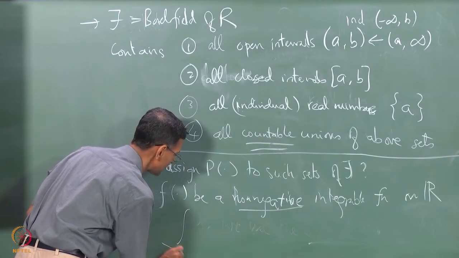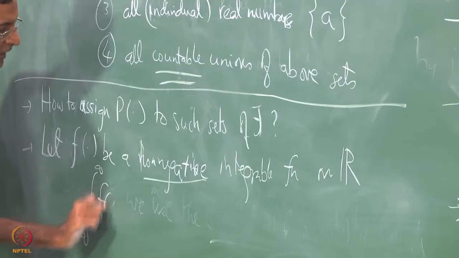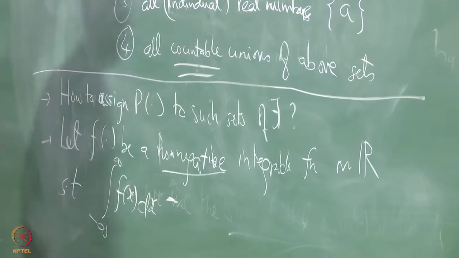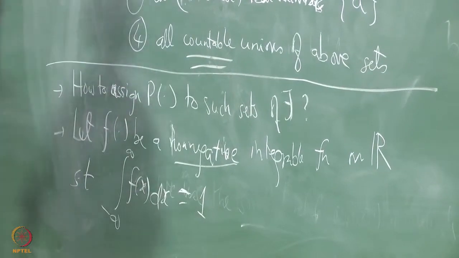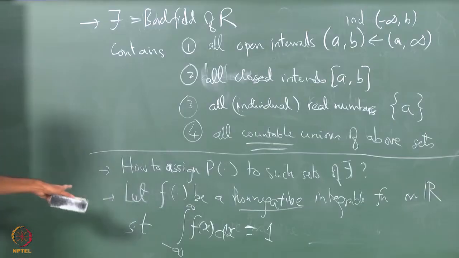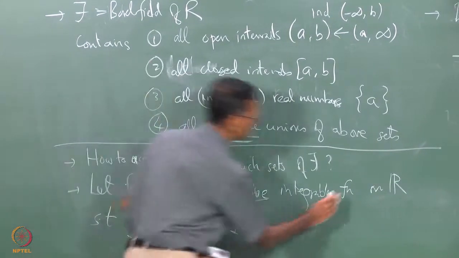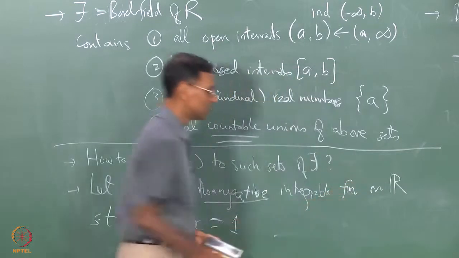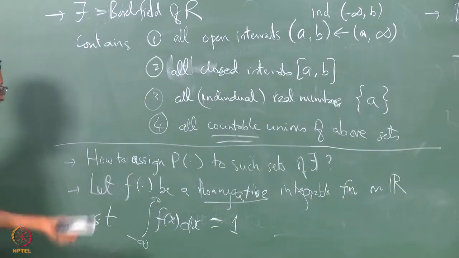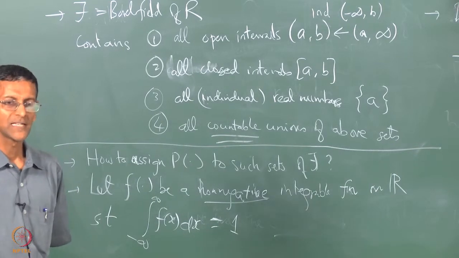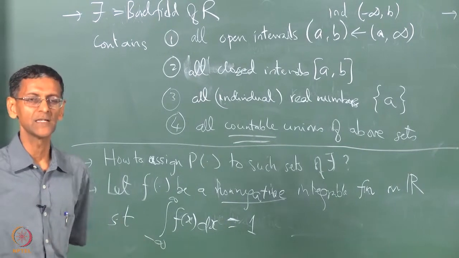We require that the integral from minus infinity to infinity of f of x be what? 1, exactly. So I have written it correctly, right? Please note, let f be a non-negative integrable function on the real line such that its area, as represented by the integral, the entire area, is unity.